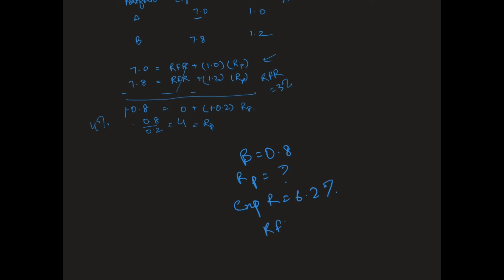I know from my previous solution that alpha is 3%, and the risk premium is 4% for this factor. Now let's plug everything in and see if this is correct. 3 plus 0.8 into 4, so that's going to be 6.2%, 6.2, so it is correctly priced.